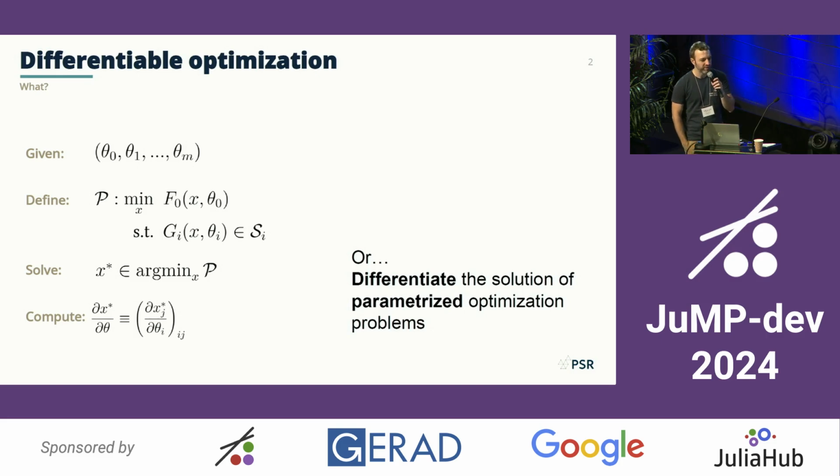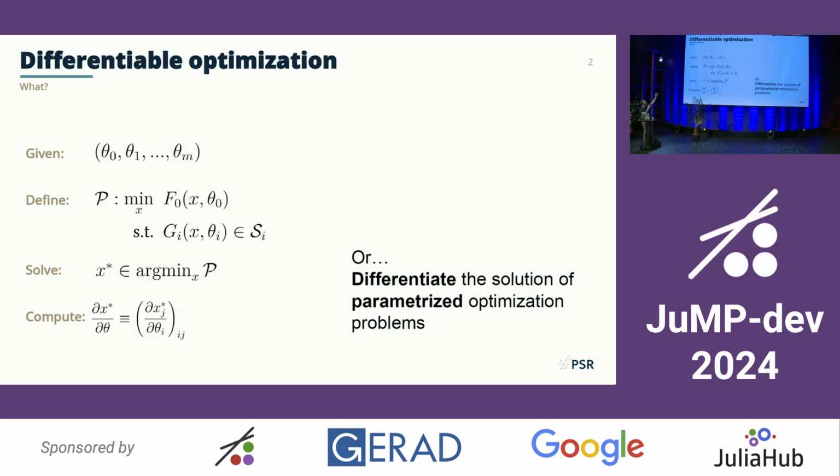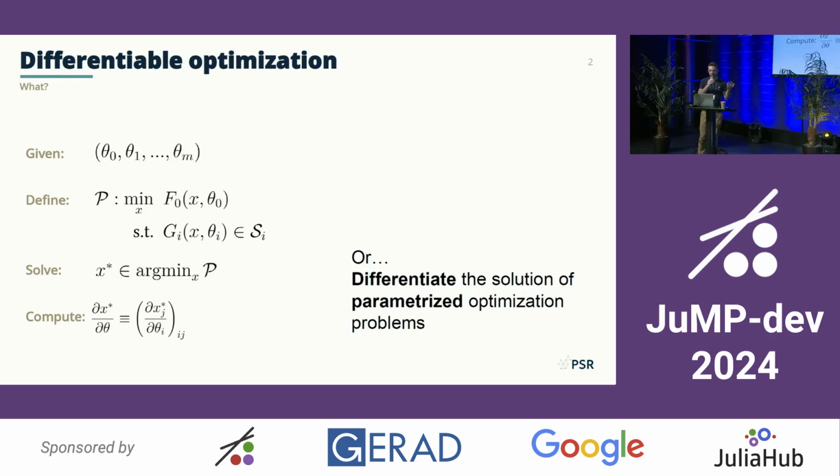What do I mean by differentiable optimization and differentiating these parametric problems? We have a set of parameters, from theta 0 to theta m. Each one of them can be a vector of parameters, that's even fine. Then you define an optimization problem, P, with an objective function that can be parametric and a bunch of constraints that can be conic and depend on parameters as well.